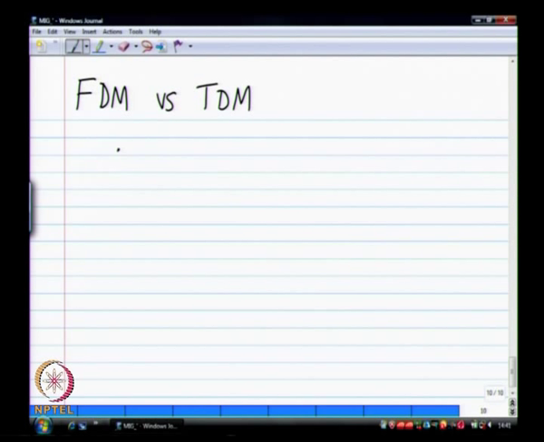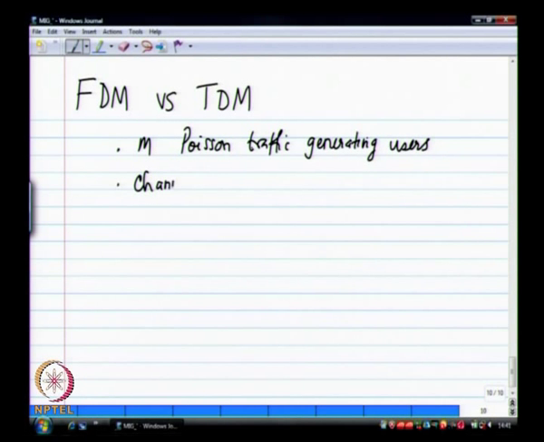So you view the channel itself as a server, right. Each user has a queue and a corresponding server. So let us define the system first. There are m Poisson traffic generating users, okay, and the channel bandwidth is divided into m subchannels of equal capacity.